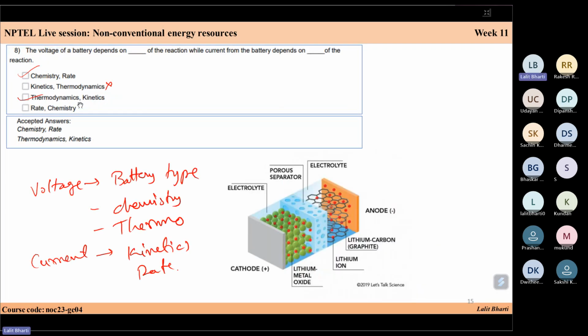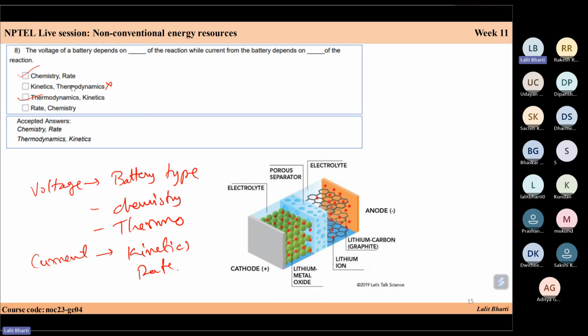Then we have the eighth question. It says the voltage of a battery depends on blank of the reaction, while current from the battery depends on blank of the reaction. So we have four options: chemistry, rate; kinetics, thermodynamics; kinetics, rate; and chemistry.